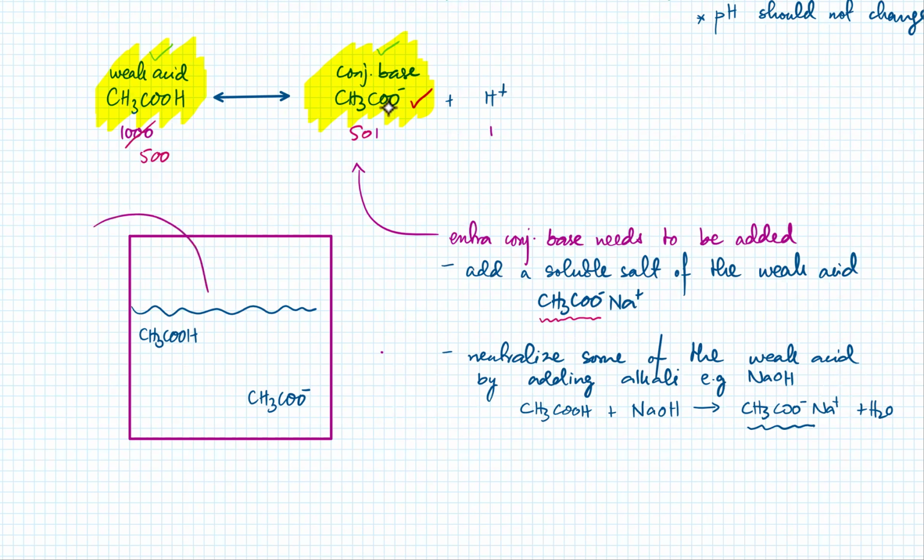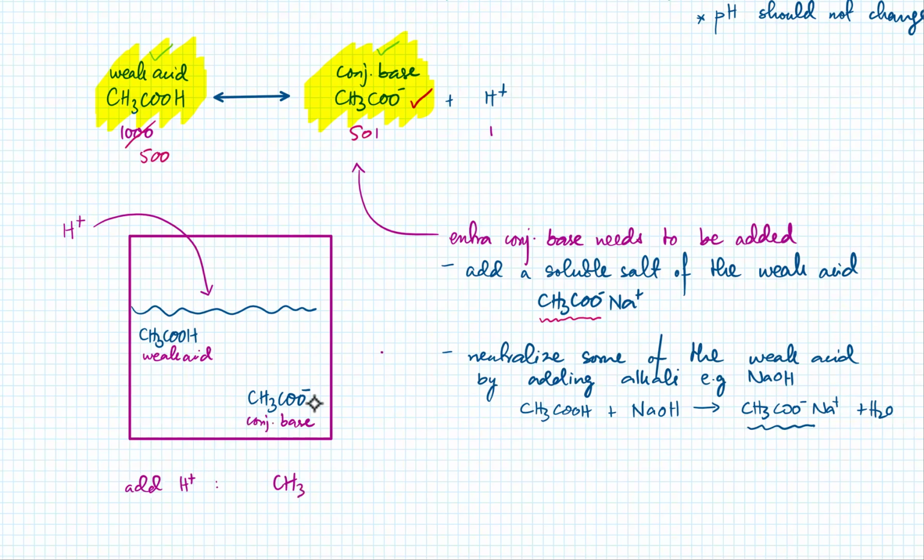So, for example, if I add H plus ions, I'm trying to decrease the pH. I'm adding more H plus ions. One of them is the weak acid, the other one is acting as the conjugate base. Out of the two, who's going to react and neutralize the H plus? It's going to be the conjugate base.